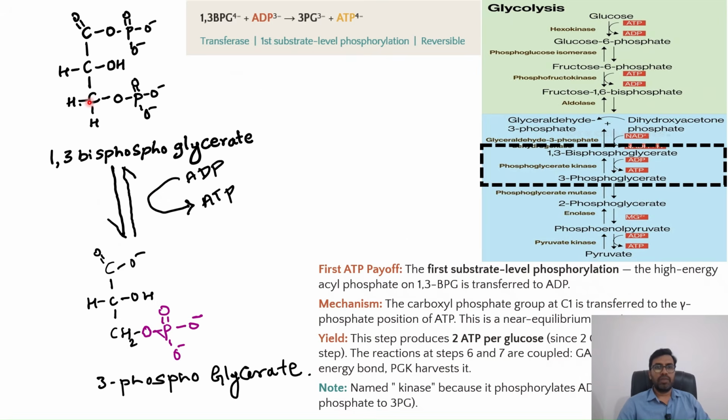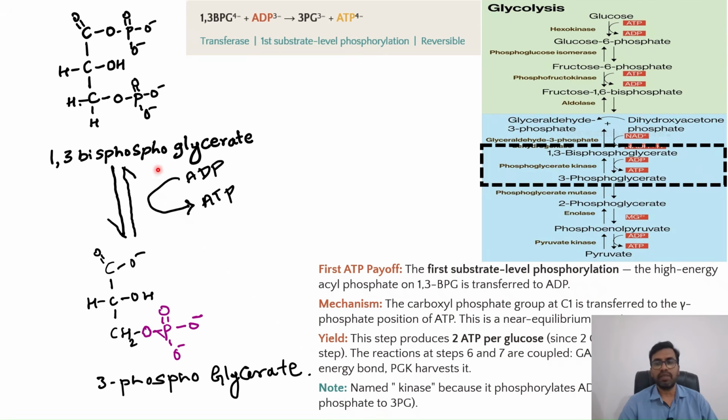Now, 1,3-bisphosphoglycerate, which is formed in the previous step, in this step will get converted into 3-phosphoglycerate. It is just a transfer of a phosphate group from 1,3-bisphosphoglycerate to ADP to form ATP.